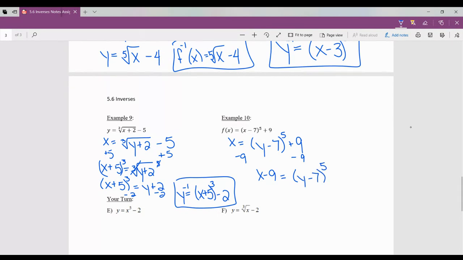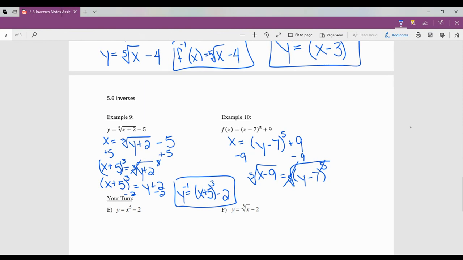Now this whole right-hand side is being raised to the fifth. So the way that I get rid of an exponent is with a root. And now they have to match, so it's the fifth root, so that they cancel. Fifth root and raised to the fifth are going to cancel. So we get the fifth root of x minus 9 equals y minus 7.